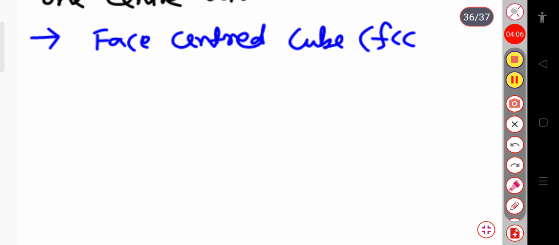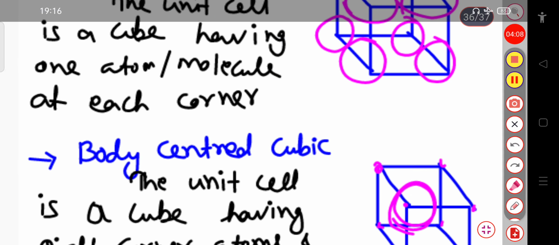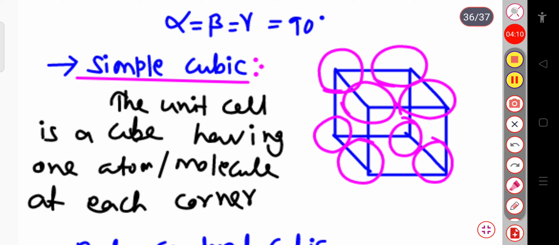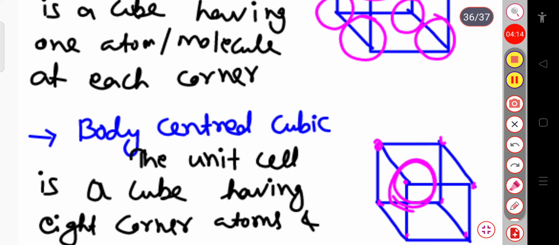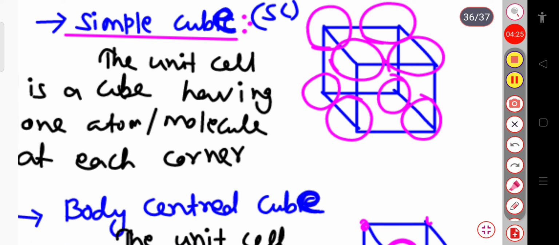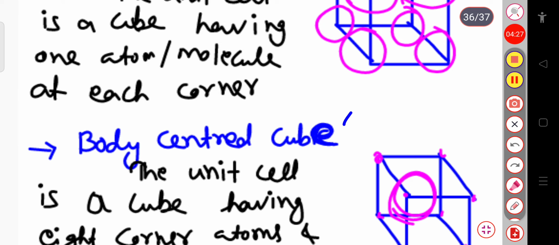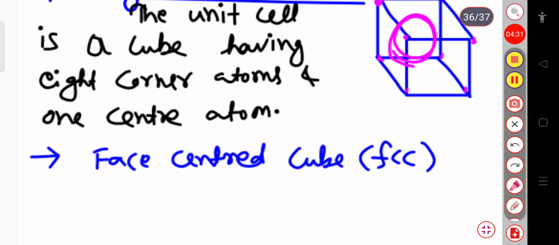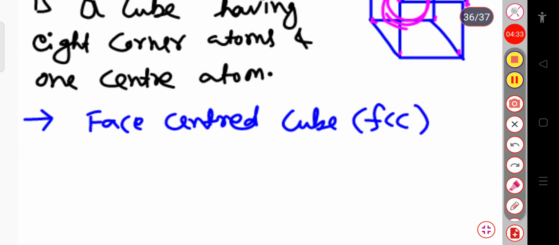As in the case of the simple cubic structure, the simple cube is written as SC, and the body centered cube is written as BCC, and this one, the face centered cube, is written as FCC.